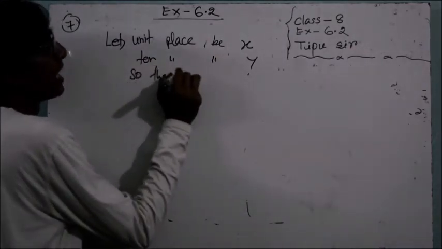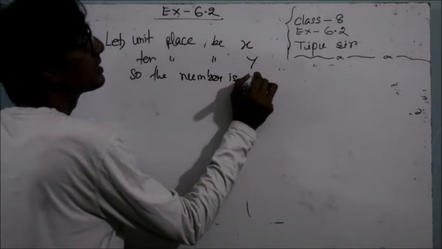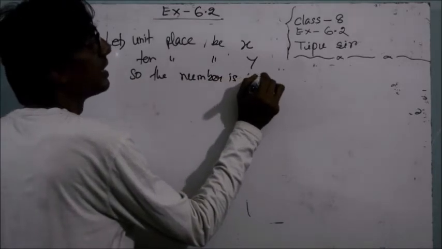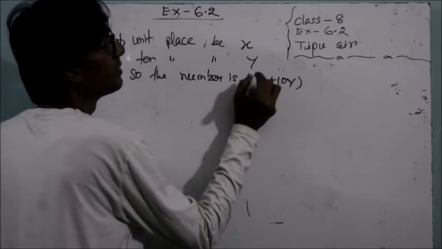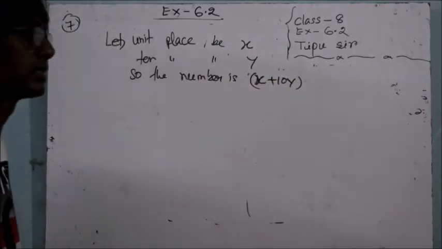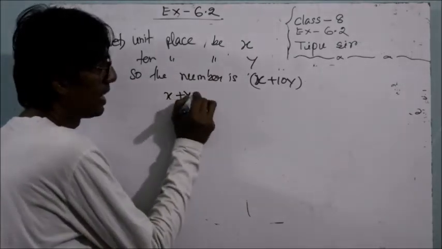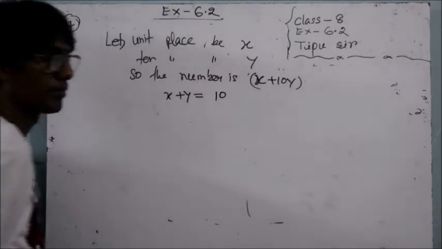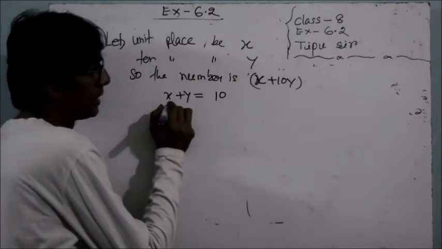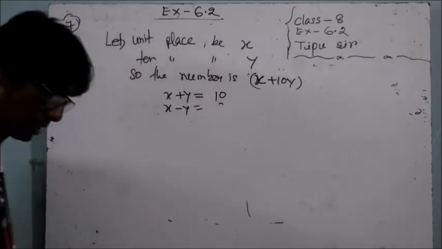So the number is x plus 10y, because this is the tens place. Now first condition, sum of the digits, that means x plus y equal to 10, and x minus y equal to 4, as the question is given.